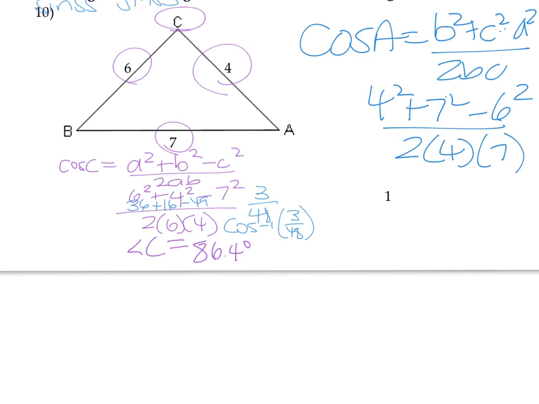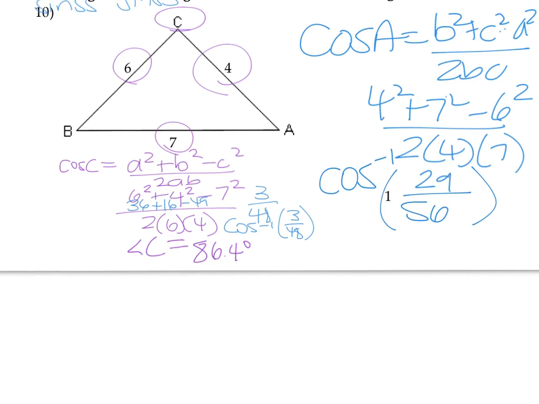And then 4 squared, 16, plus 7 squared, 49, minus 36 is 29. And 2 times 4 is 8, times 7 is 56. So again, in the calculator, do cosine -1 of 29 over 56.